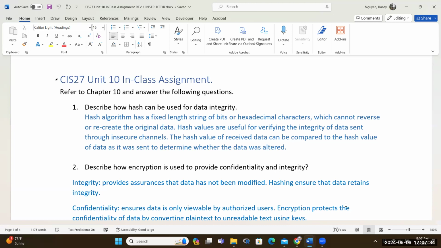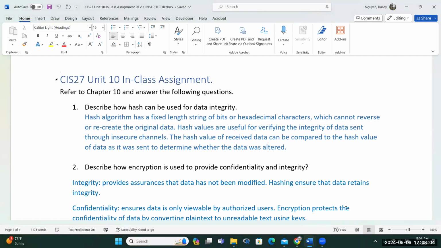So it is a unique value that's assigned to that particular object in the system. Whenever you modify your file, your hash is changed. So the way that we know that the file is intact is when we look at the hash value and it stays the same, right? We compare the hash before and after.